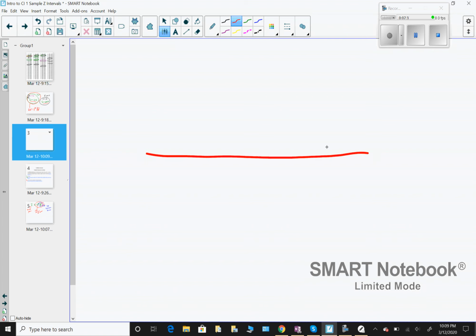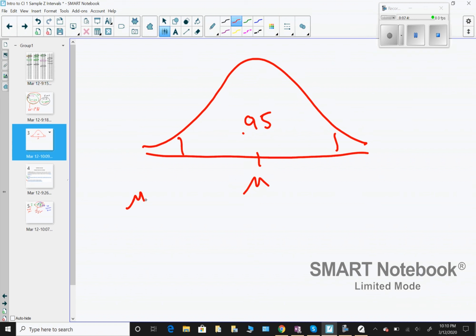And one of the consequences of that rule is that if you want to capture the middle 0.95 or 95% of data, then you have to go from the mean down 2 standard deviations up to 2 standard deviations above. And if you do that, you will capture the middle 95% of data.